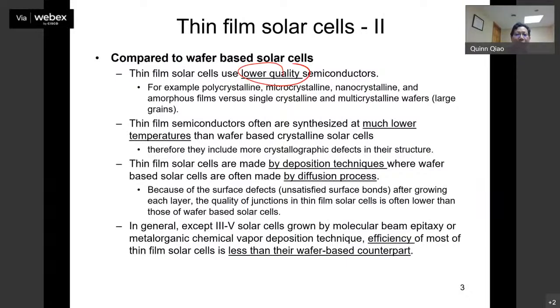That's why you have polycrystalline, monocrystalline, nanocrystalline, amorphous. Also because the material quality is low, you can use lower temperature processing. That's why the processing can be cheaper. And then you use different depositions instead of the diffusion process. Overall, the efficiency will be lower because the material quality is much lower, as I just discussed.